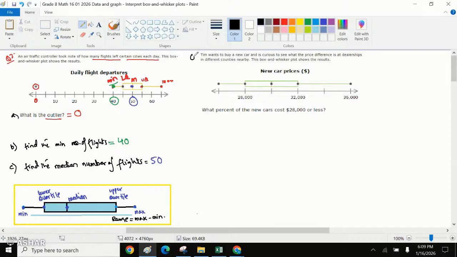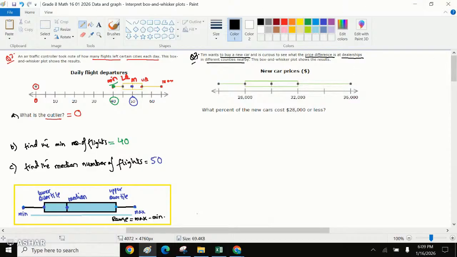Question number 3 is: Tim wants to buy a new car and is curious to see what the price difference is at a dealership in different countries nearby. So he wants to compare the pricing. What percent of the new cars cost 2,800 or less?